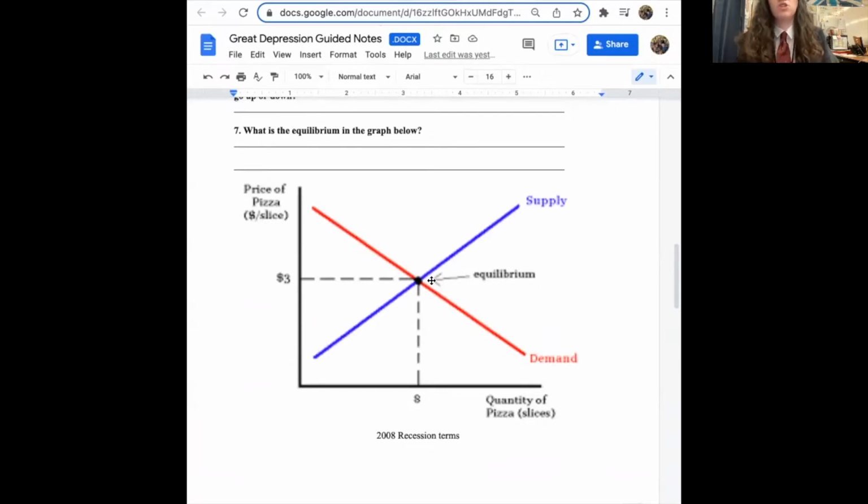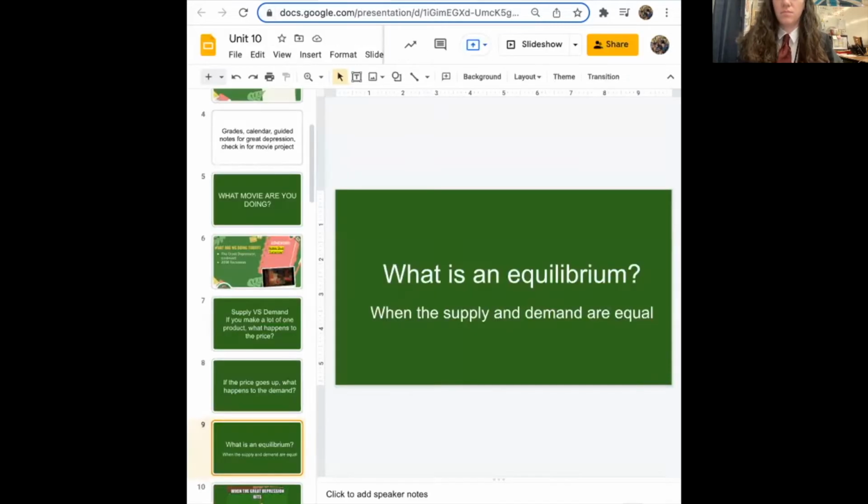You don't want too much supply. You don't want too many people demanding the product. You want an equal amount so that you can stay consistent and keep afloat, I guess. The equilibrium is when the supply and demand are equal.